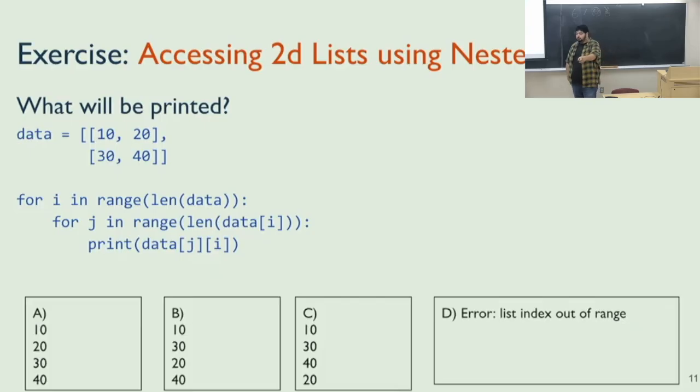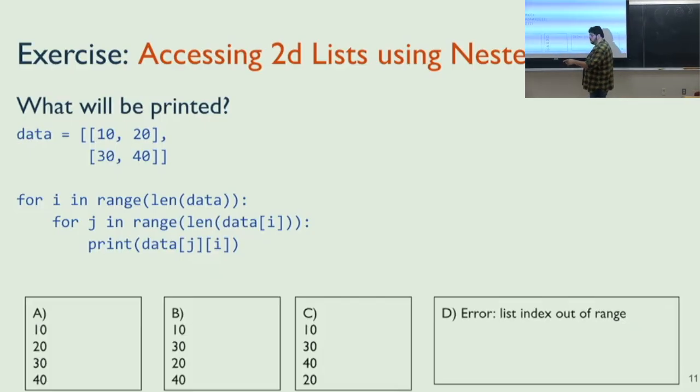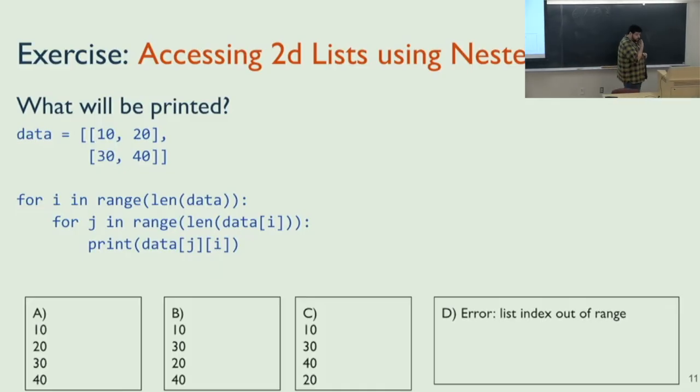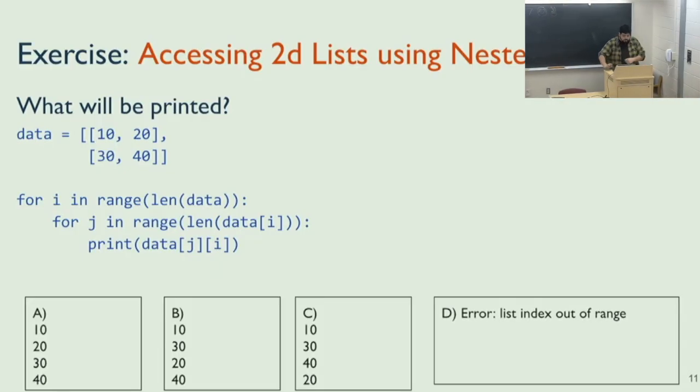Yes, B. Did you have the same one or a different one? I have B. Why is it B? I just went through it, like when I was 0 and J was 0, I found the data in order. Okay, great. So when I is 0, J is 0, you get 10.